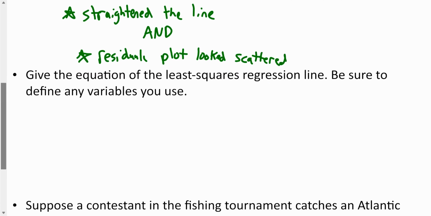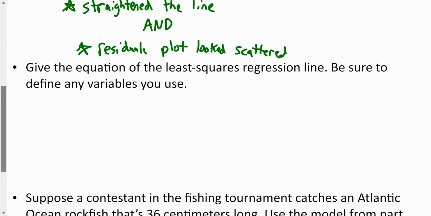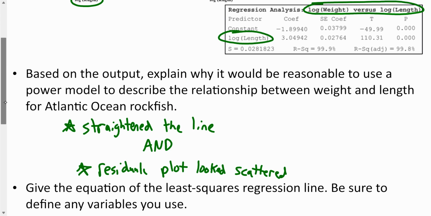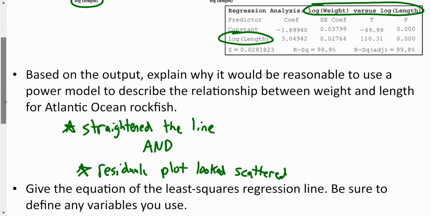Given an equation of the least squares regression line, be sure to define any variables you use. So if I go back up here, I have my A and my B, just like I would any other time. But we're just going to be using log of weight and log of height.